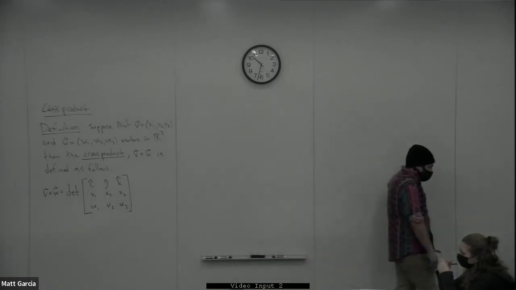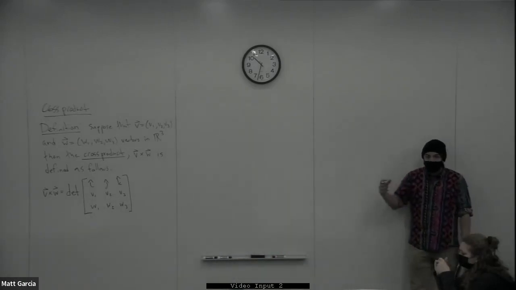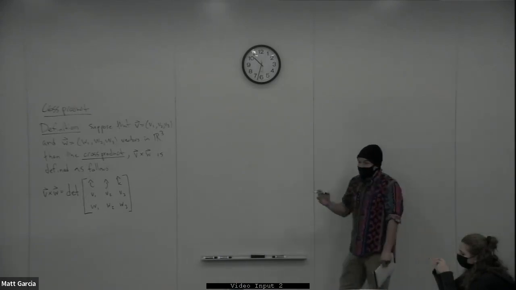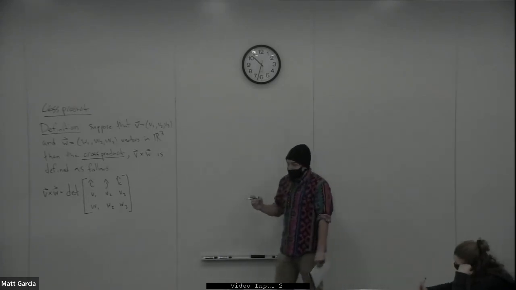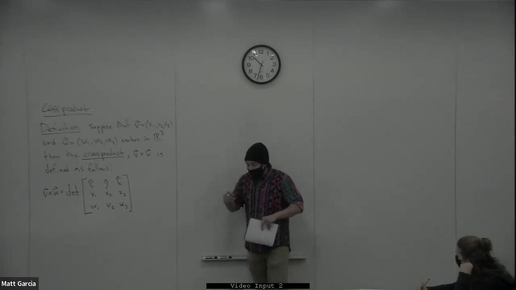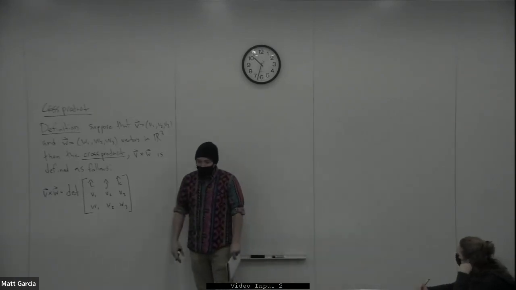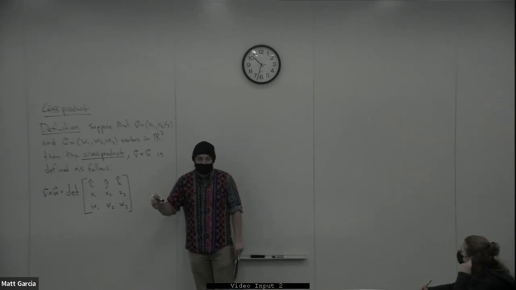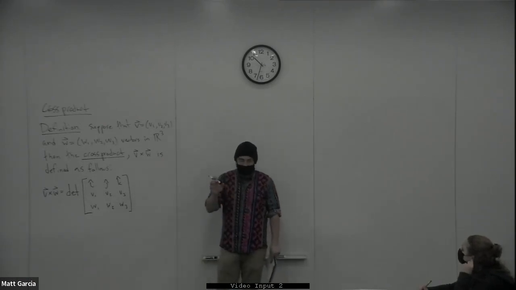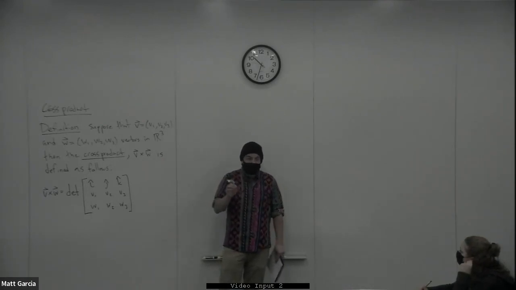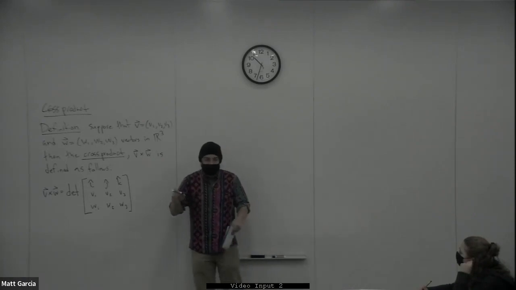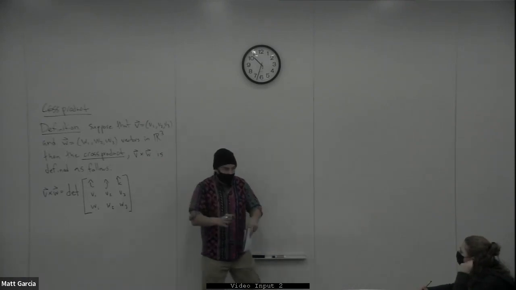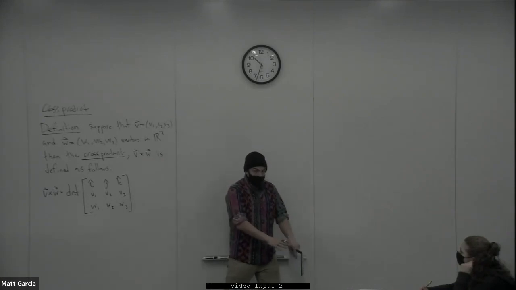How do we take a determinant of a 3x3 matrix? Well, taking a determinant of an arbitrary n by n matrix is an inductive process, by which I mean it's built up. If I want to take a determinant of an n by n matrix, I have to take n minus 1 by n minus 1 determinants. And then to take an n minus 1 by n minus 1 determinant, I have to take n minus 2 by n minus 2 determinants, and so on until I go all the way down to 2 by 2.